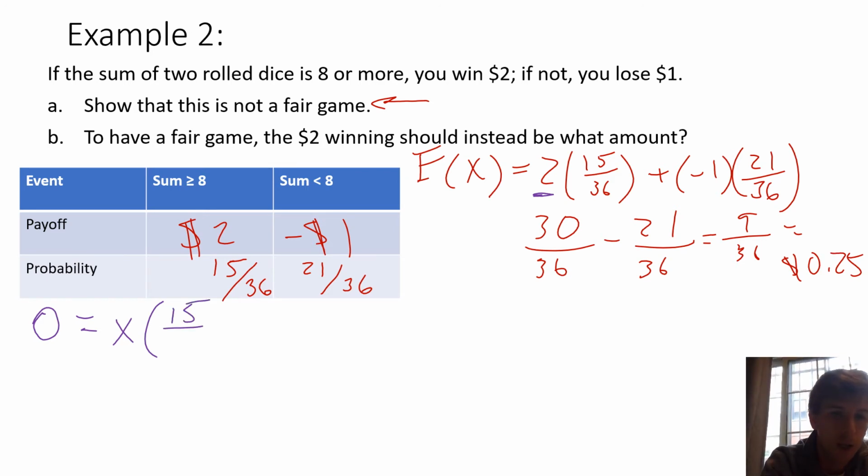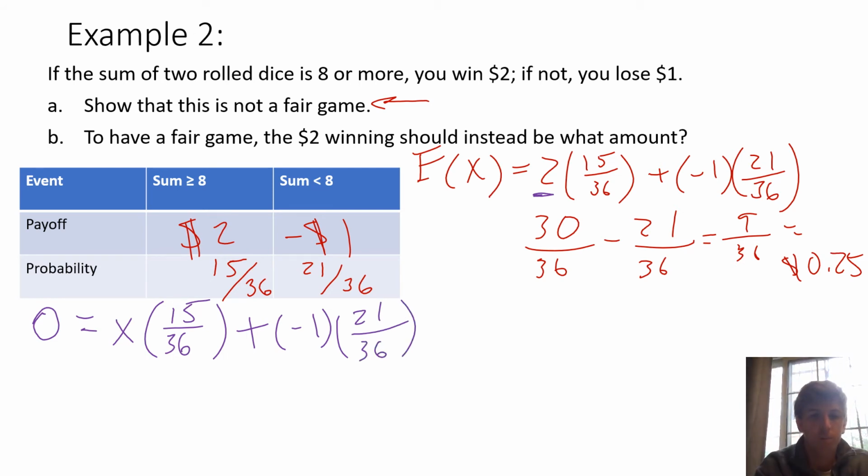The probabilities have not changed, and I'm not changing the losing outcome of minus $1. All right, so let's multiply by 36, get rid of some fractions here.